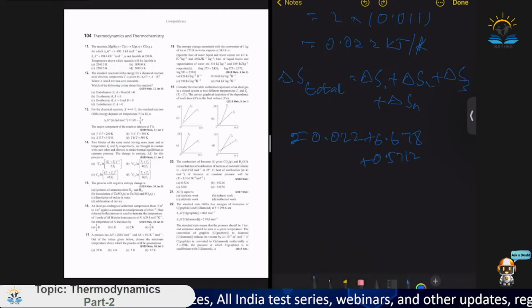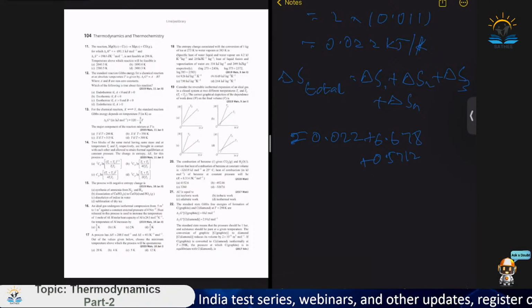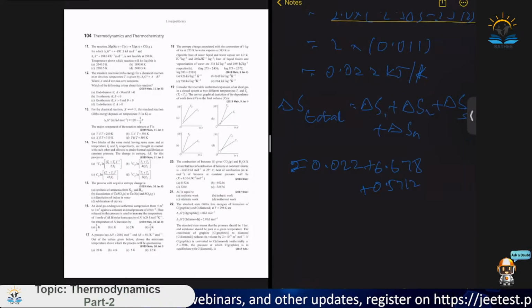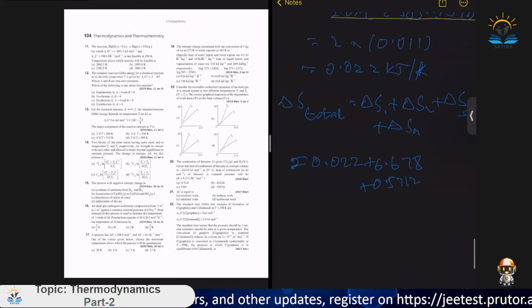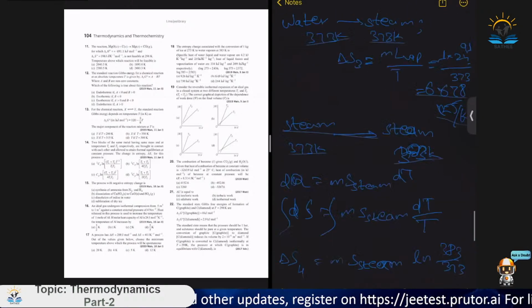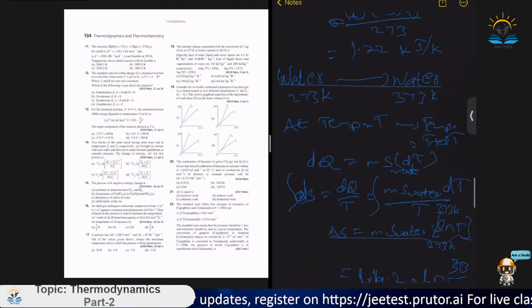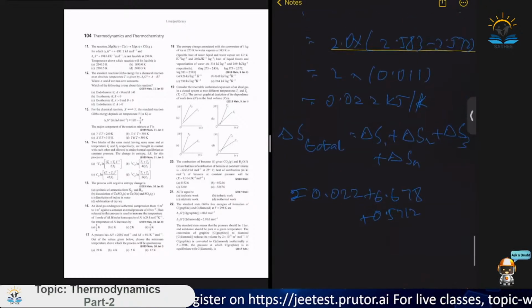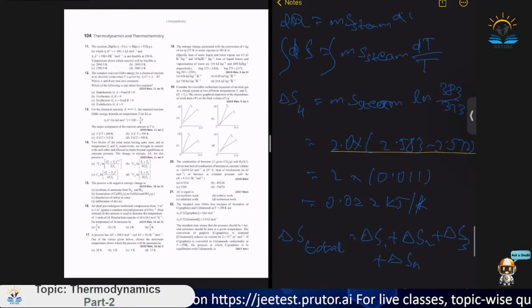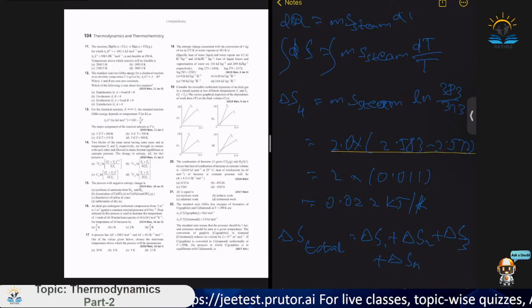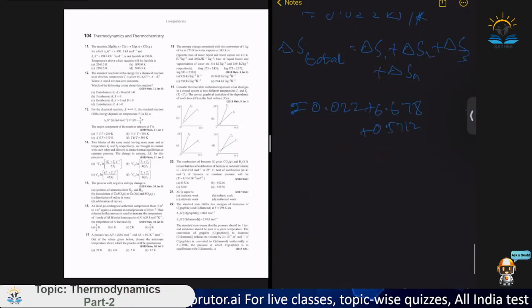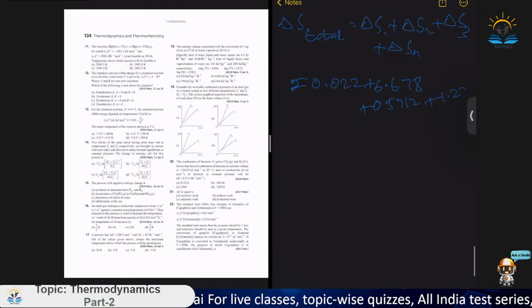Is that fine? Okay, so I have no more space to write here, like 0.5712 plus 1.22. I can write this here.